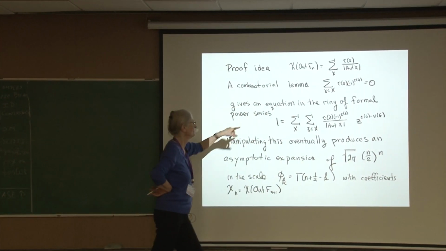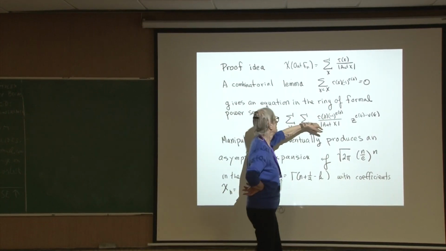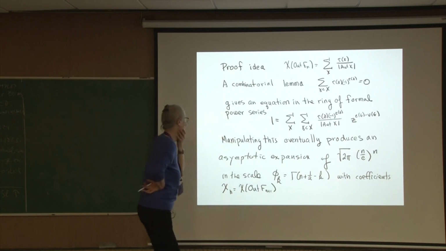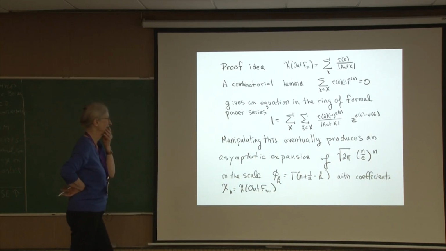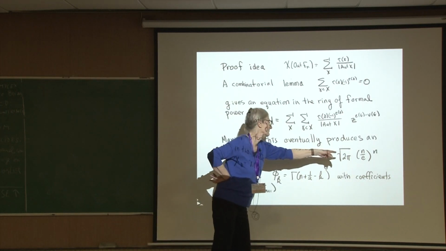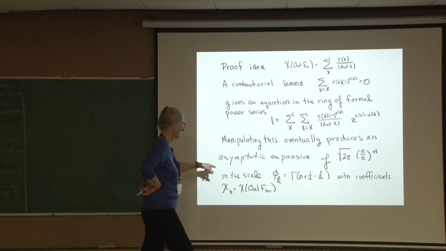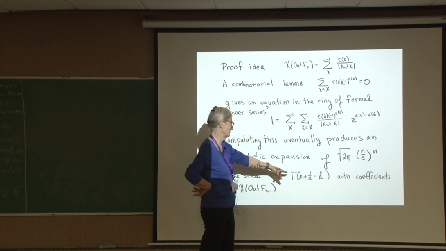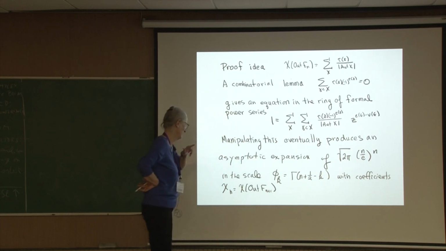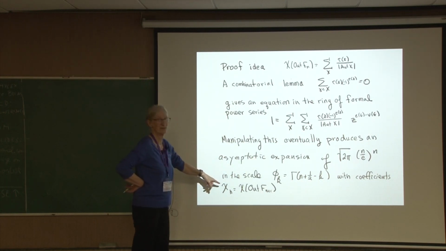But it turns out, this doesn't look so far from that. And it turns out if you manipulate it you eventually get an asymptotic expansion for this function in this scale. This is the gamma function. And the coefficients of this asymptotic expansion are the Euler characteristics.